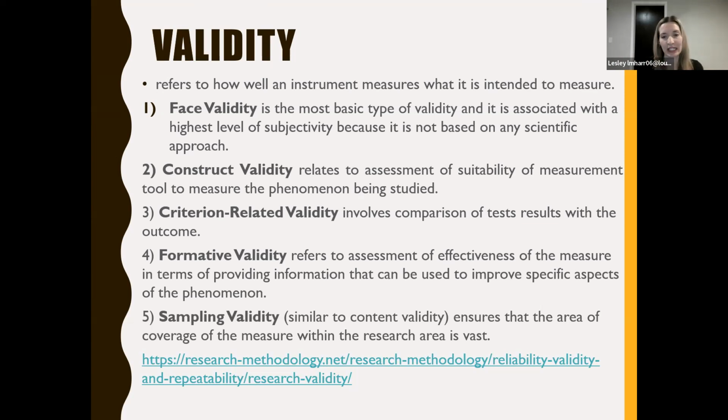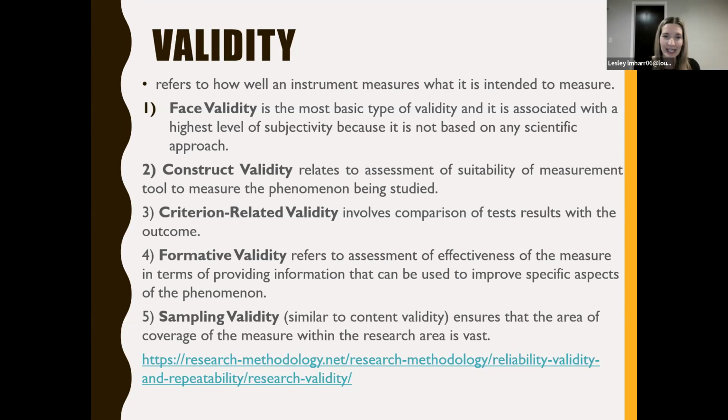Formative validity in program evaluation refers to the assessment of effectiveness of the measure in terms of providing information that can be used to improve specific aspects of the phenomenon. So that's really an assessment of how valid is this measure in terms of me understanding that it will be used to improve what I'm trying to measure.